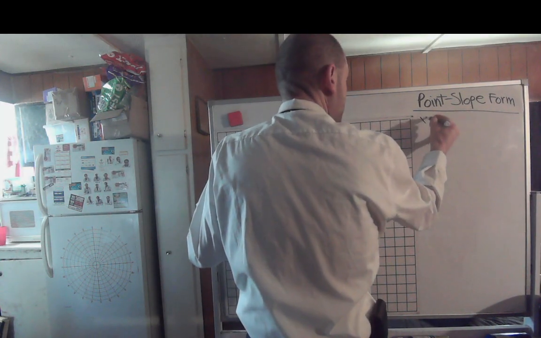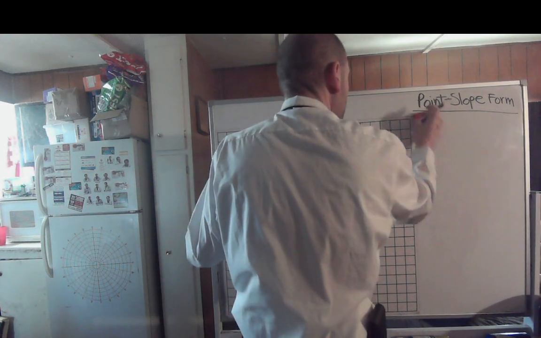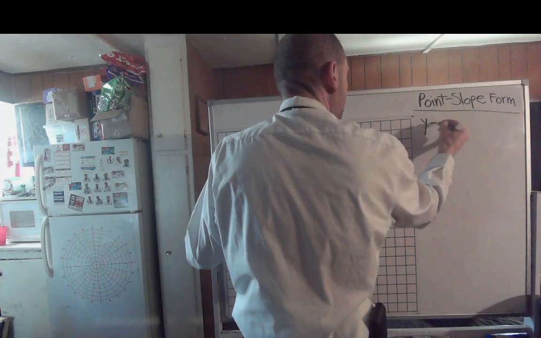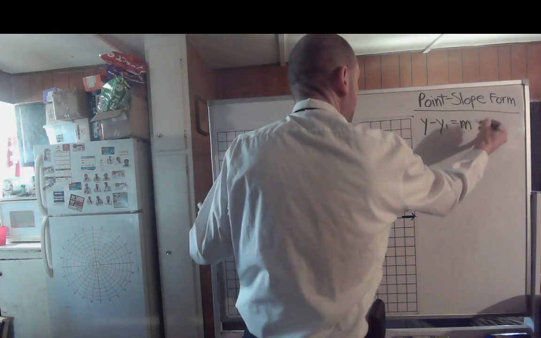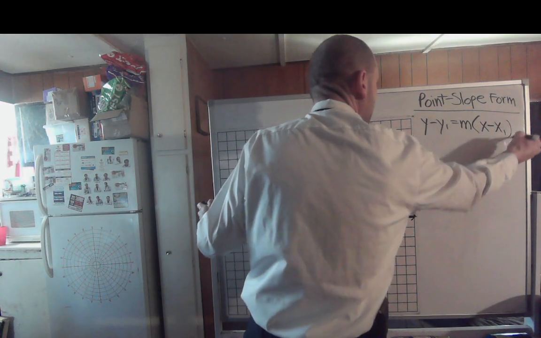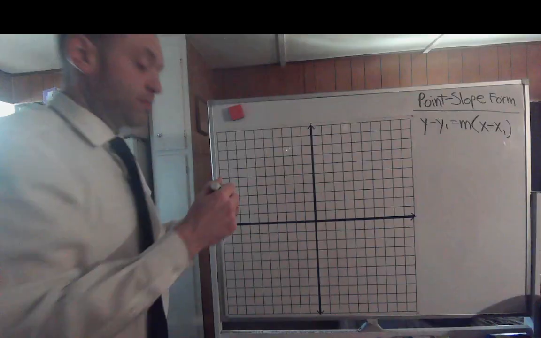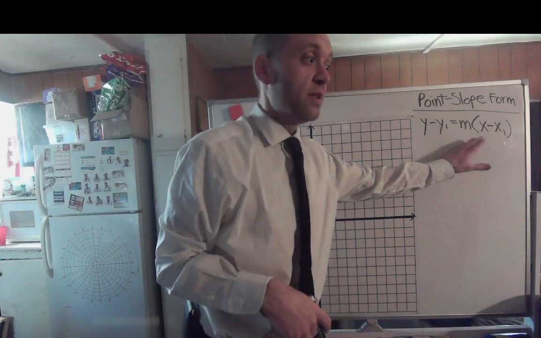That's going to be y minus y sub 1 equals your slope m times the quantity of x minus x sub 1. So the point slope form is very useful if you know the slope and only one point on the line.